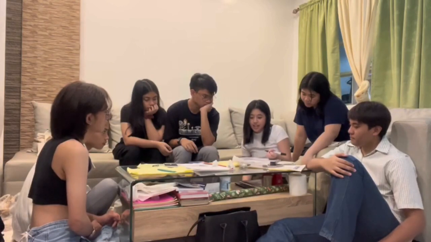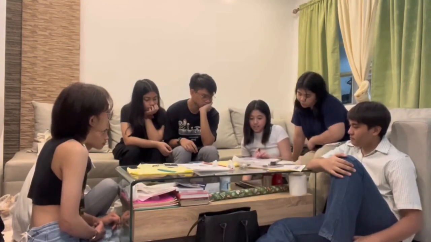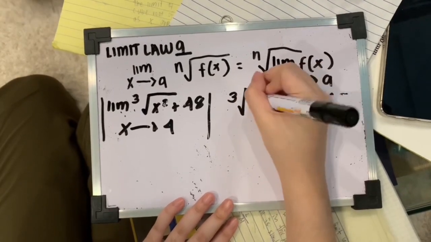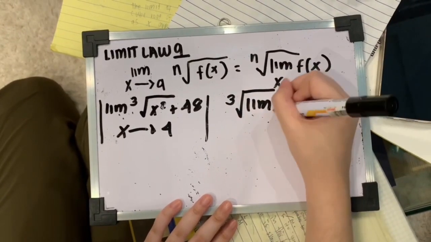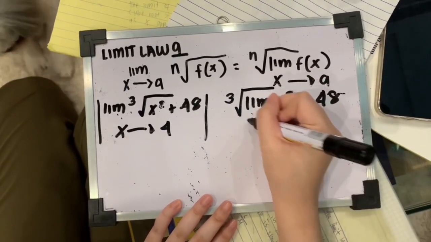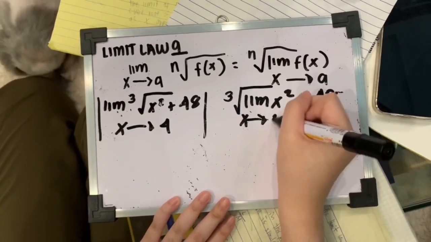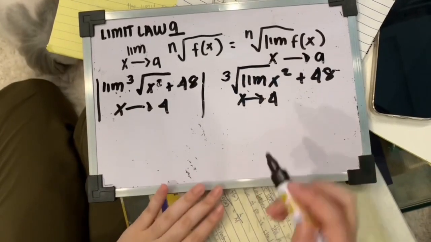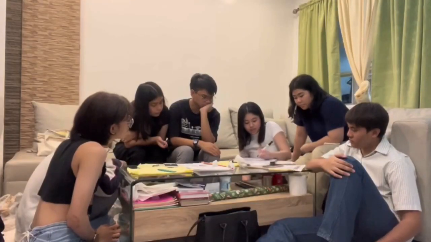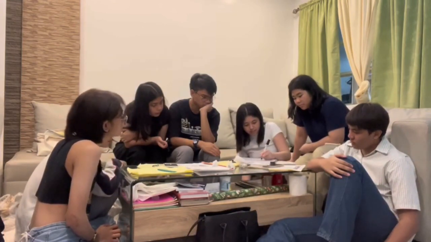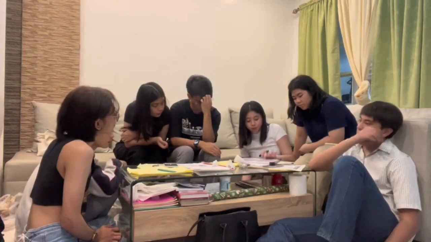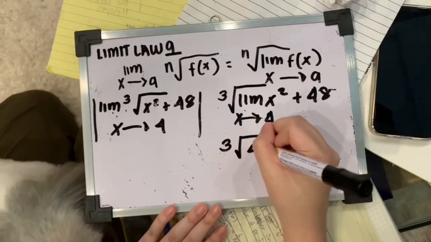Para makuha natin yung sagot, kailangan lang natin na ilagay yung limit sa inside the radical sign. So ang mangyayari diyan is the cube root of the limit of x squared plus 48, as x approaches 4. Tapos, yung 4, isa-substitute natin sa x.